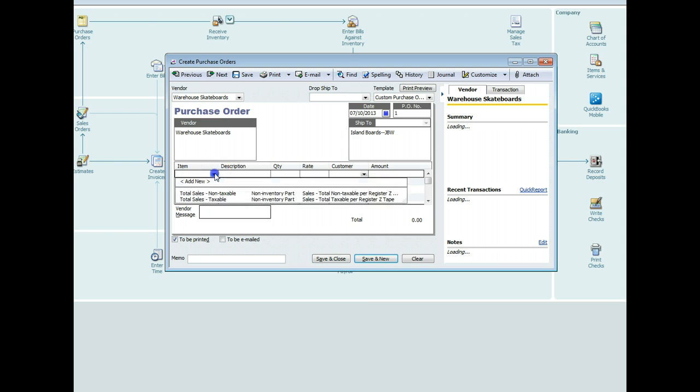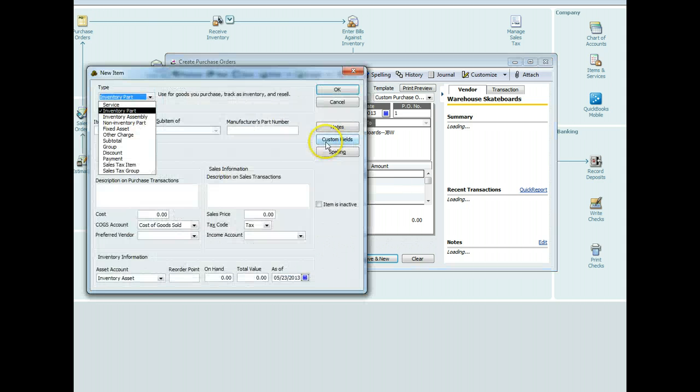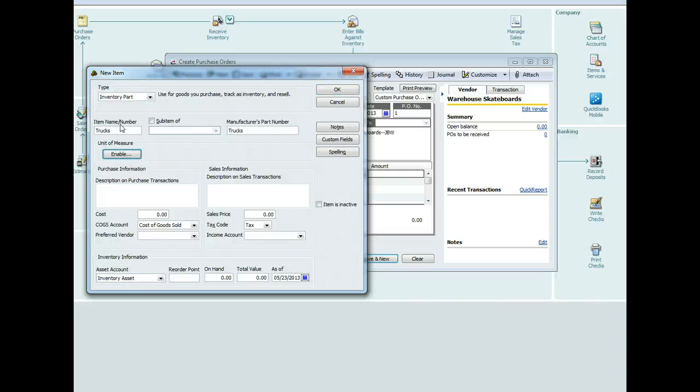And the first item is going to be an inventory part. It's going to be trucks. Trucks. They come in pairs. Well, I'm going to need to have some kind of information somewhere.